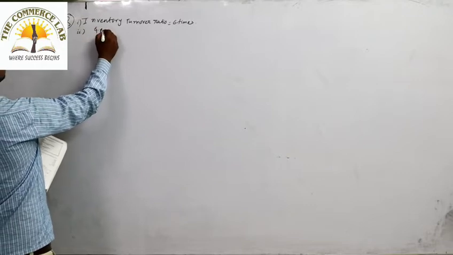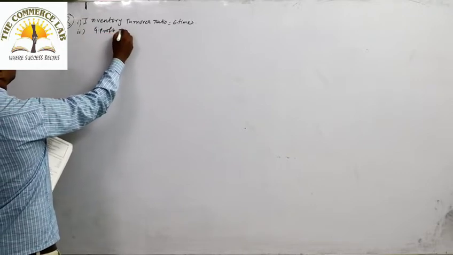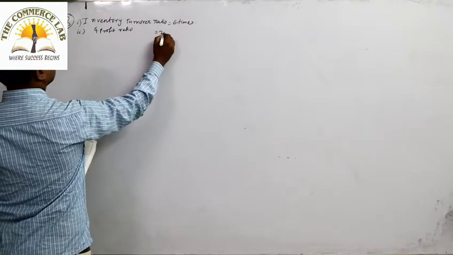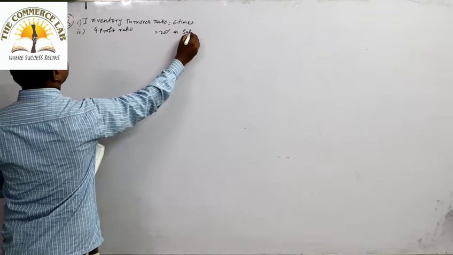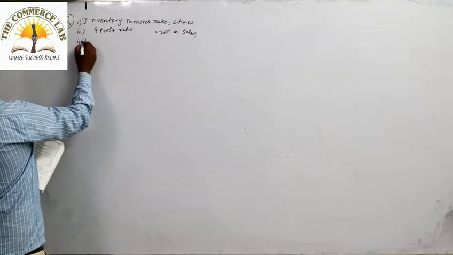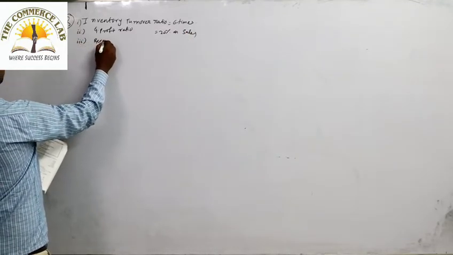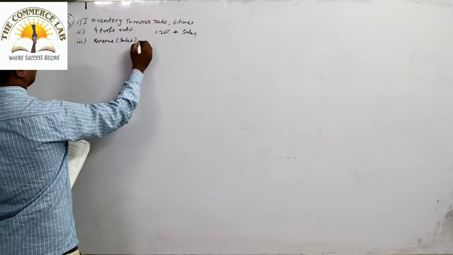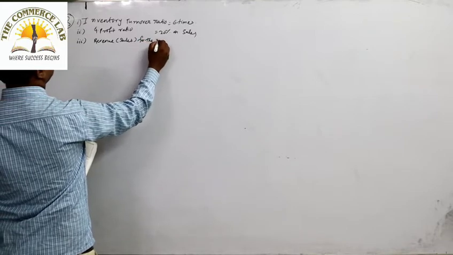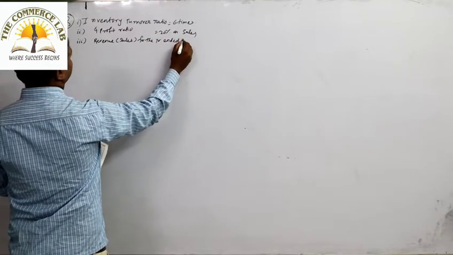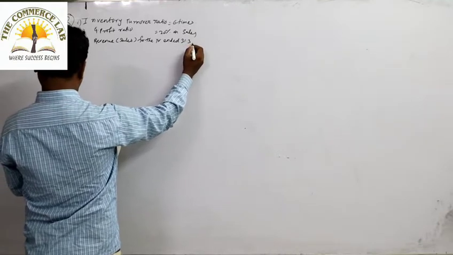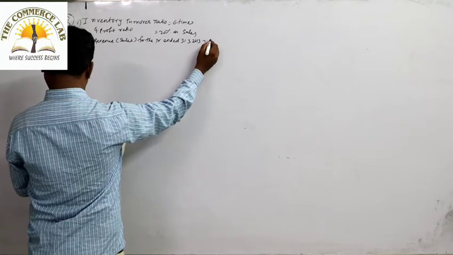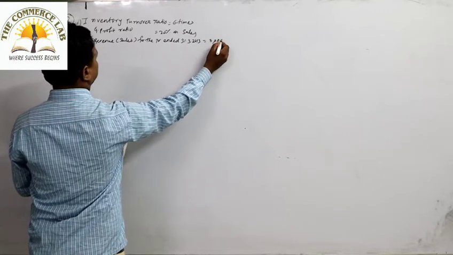Then gross profit ratio. How much is the gross profit ratio given? That is 20% on sales. The third information is revenue, that is sales, for the year ended 31st March, equal to 3 lakh.